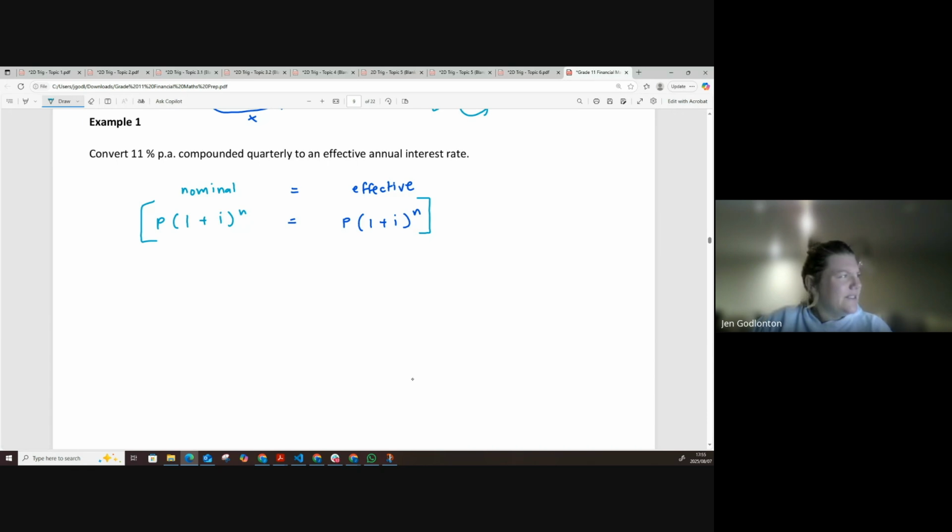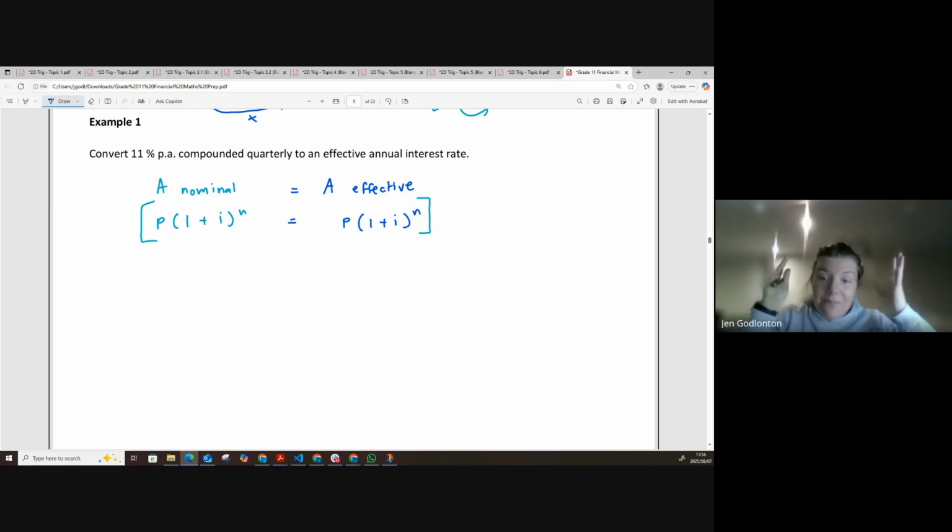What does this normally equal? What does P(1 + i)^n normally equal? A, right? And so what we're saying here is that our nominal A needs to equal our effective A.